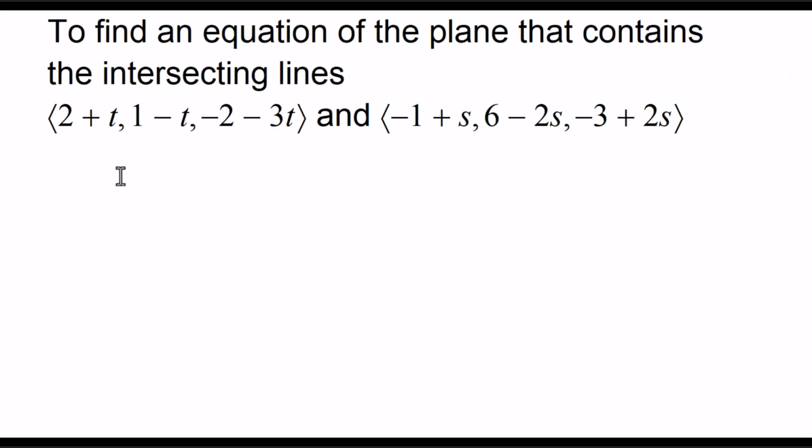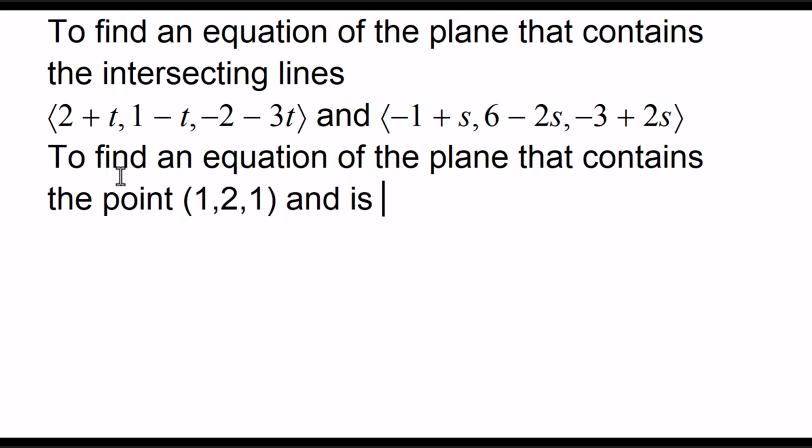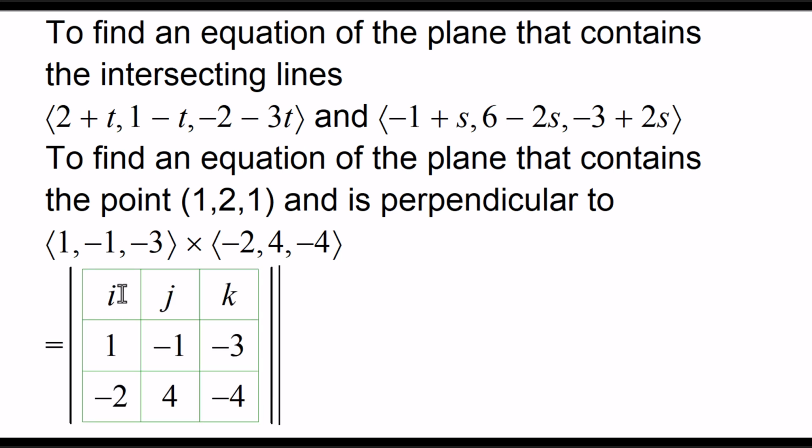All right. So now our problem changes to this: we have to find an equation of the plane that contains this point (1, 2, 1), which was the point of intersection, and is perpendicular to the cross product of the two vectors that we just found. That cross product equals the determinant, so let's compute it.